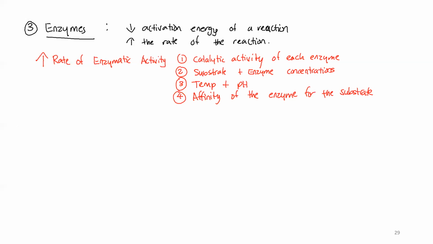The third thing that we reviewed here that's important is the difference between endothermic and exothermic. So let's review that here. We have endothermic or endergonic reactions. And that means that this is a reaction that requires energy.